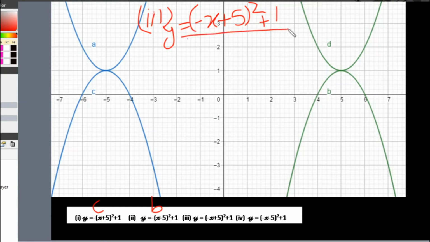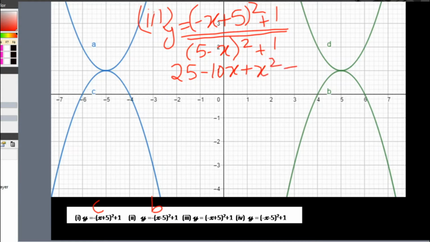Let's just rearrange it to (5 minus x) whole square plus 1. Open this with a square minus 2ab plus b square, plus 1. Notice the coefficient of x square is positive, so it will be a U-shaped graph.